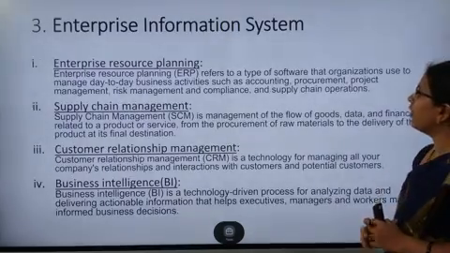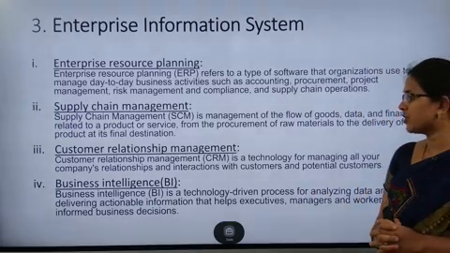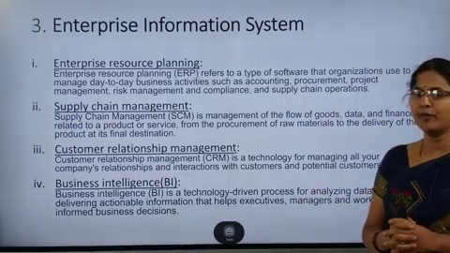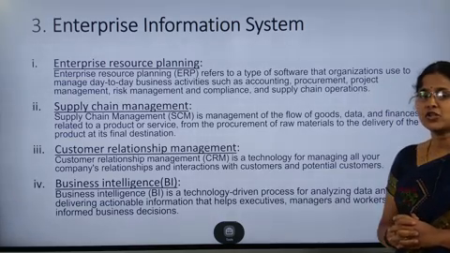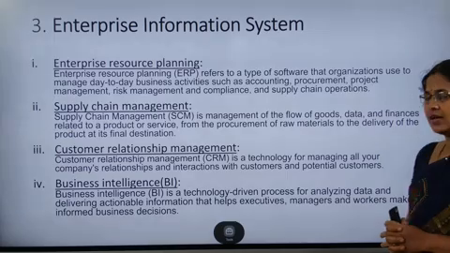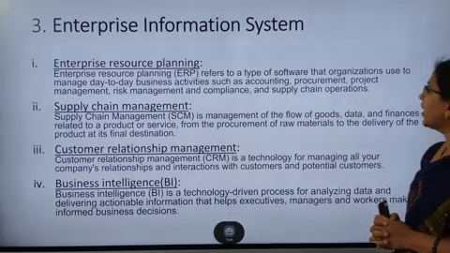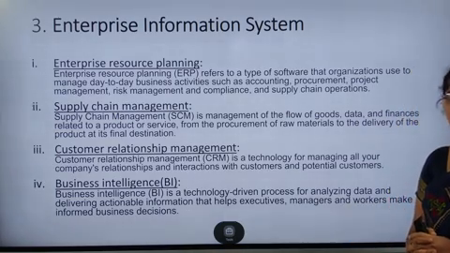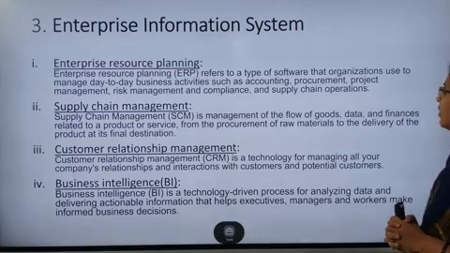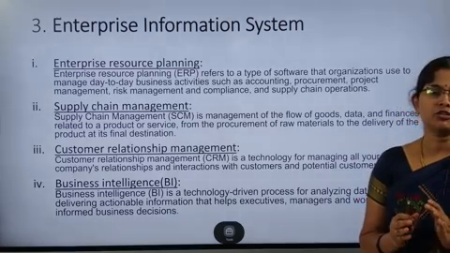Next we will go for enterprise information system. In enterprise information system we have 4 major categories: enterprise resource planning, supply chain management, customer relationship management and business intelligence. So ERP, enterprise resource planning, is software that organizes the day-to-day activities of a business.